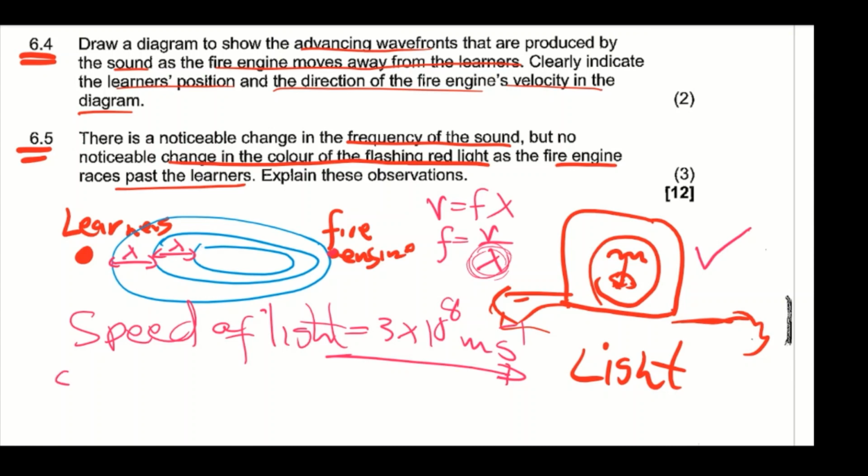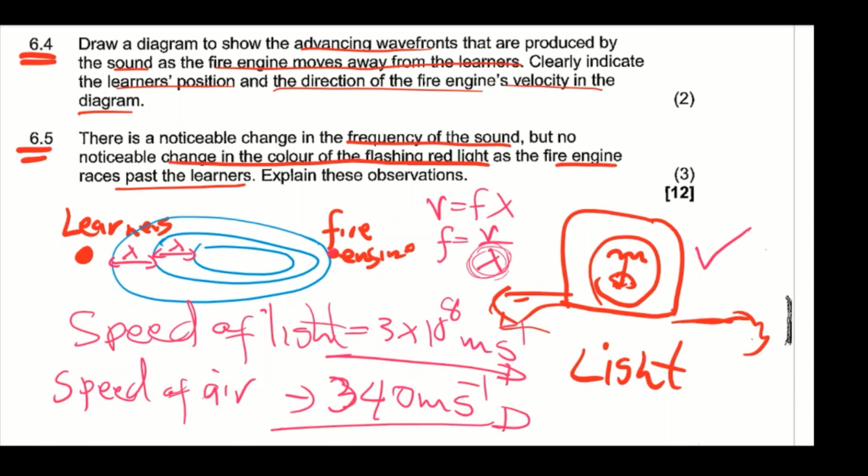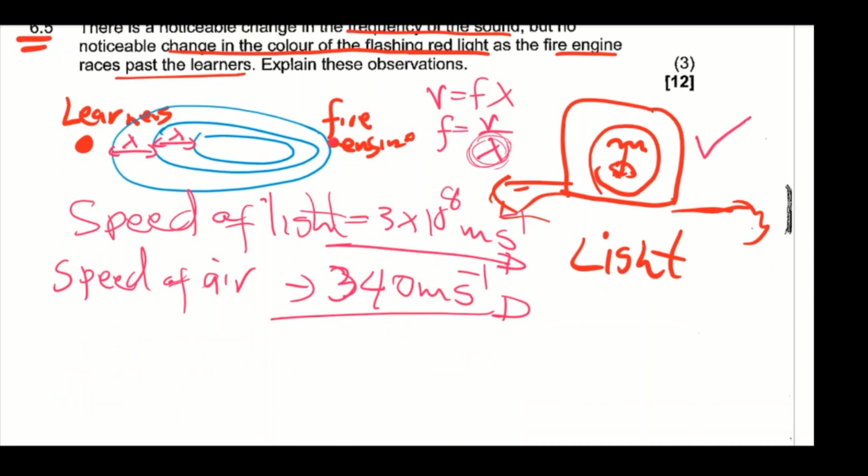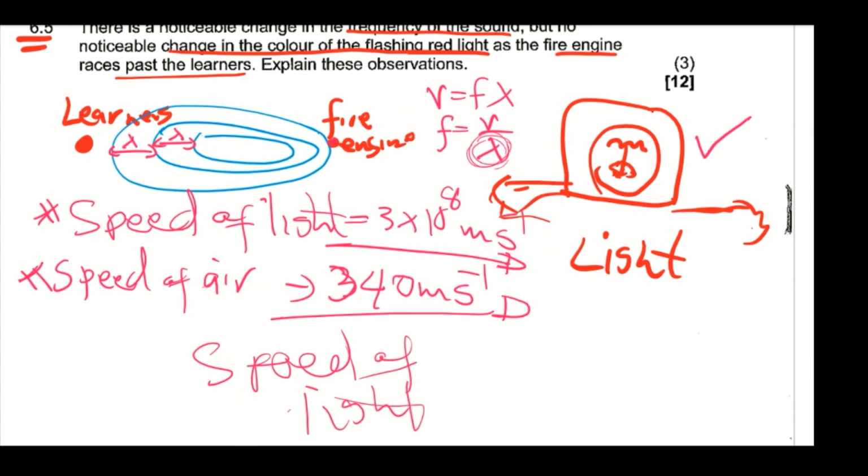And then the speed of air, we're given to be 340 meters per second. As you can see, the reason why you can't notice is purely because of this reason. You can just base it on this and say, okay, the speed of light is larger. The speed of light is 3 times 10 to the power 8. The speed of air is 340 meters per second. So basically the speed of light is greater than the speed of air.